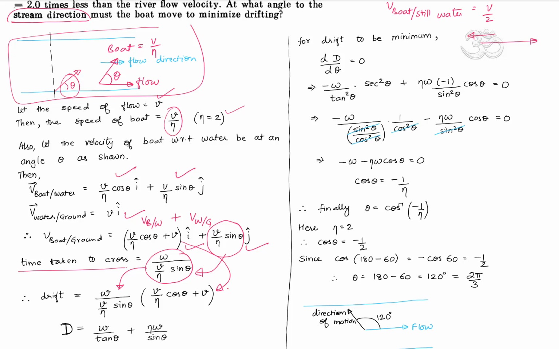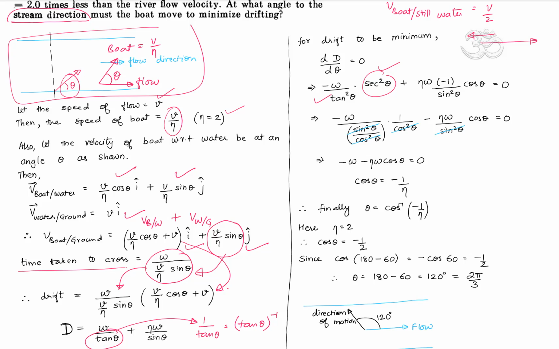So here, if you look at this expression, we have got 1 by tan theta, or tan theta raised to the power minus 1. So you have got minus 1 tan theta raised to the power minus 2 into d by d theta of tan theta, that is secant square theta.